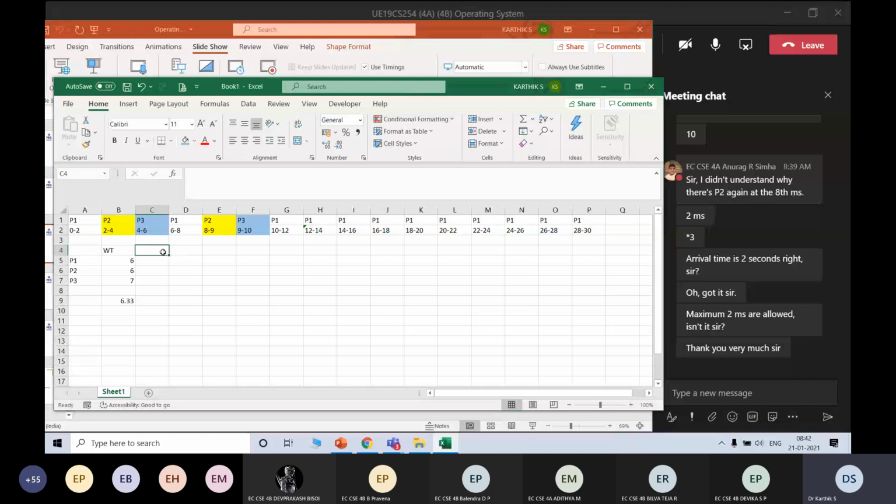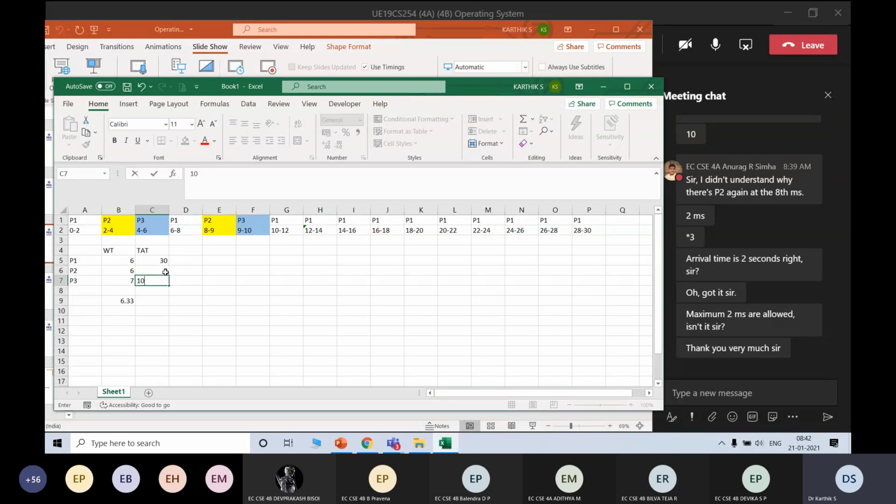In a similar fashion, let us do the turnaround time as well. So what is the turnaround time of P1? You see P1 completed at 30 milliseconds and it arrived at 0. So the turnaround time of P1 is 30. What about P2? P2 completed its execution at the 9th millisecond, arrived at the 0th millisecond. So its turnaround time is also 9. And P3 completed at the 10th millisecond, and also arrived at the 0th millisecond.